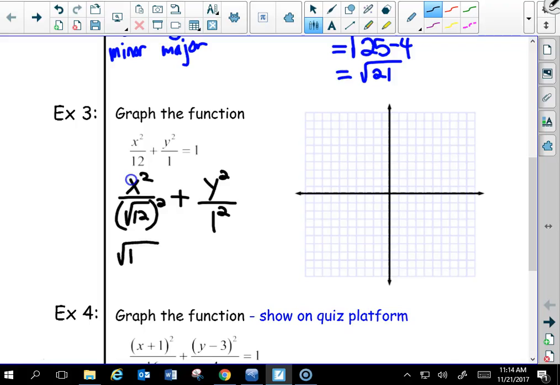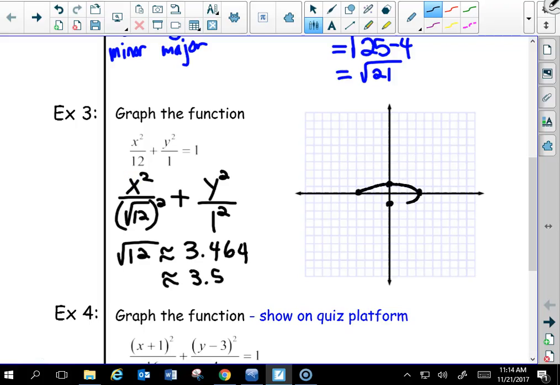So square root of 12 is approximately 3.464, and we're going to round that to 3.5 for graphing purposes. So my major axis is the x-axis, so I'm going to graph it at about positive 3.5 and negative 3.5, and the y is my minor axis, and that's positive and negative 1.